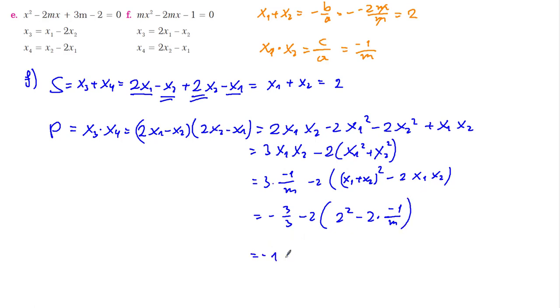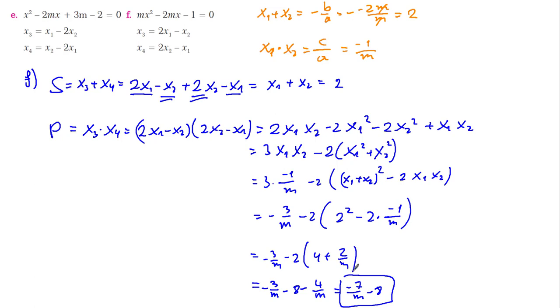It's not 3, so let's fix it. It's m, so minus 3 over m. Again, negative 3 over m minus 8 minus 4 over m. That means negative 7 over m minus 8.